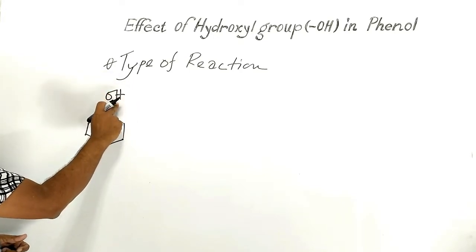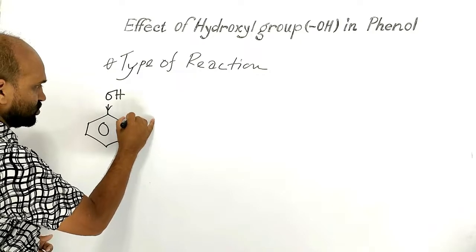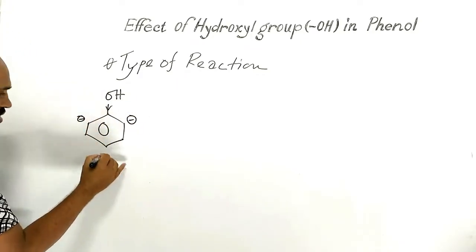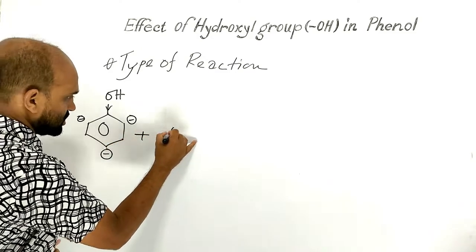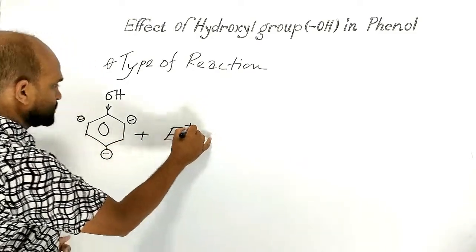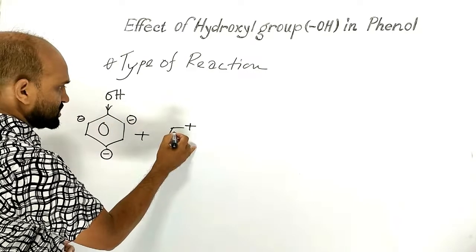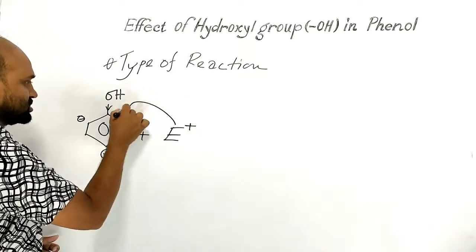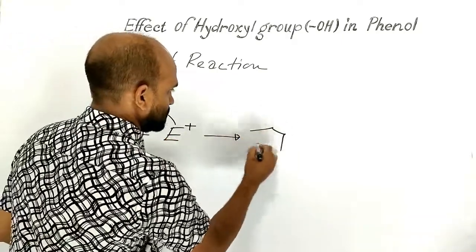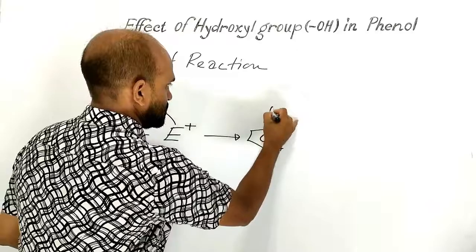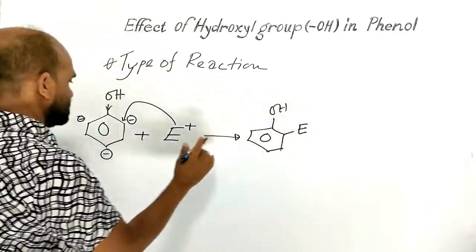Phenol, hydroxyl group increases electron density at ortho position and at para position. When electrophile comes in contact with phenol, then firstly electrophile will attack this ortho position to form ortho substituted phenol.